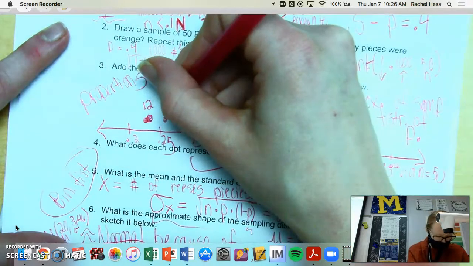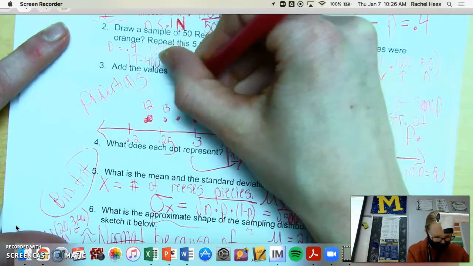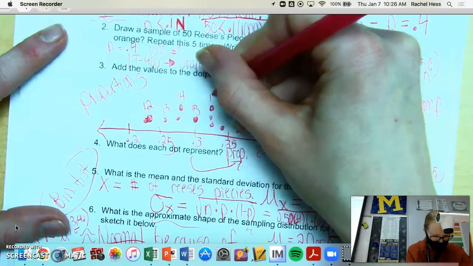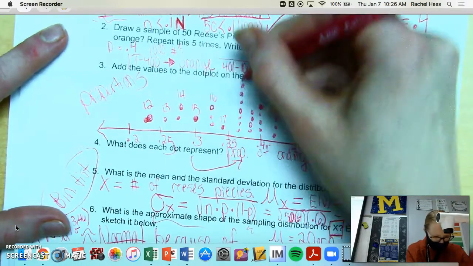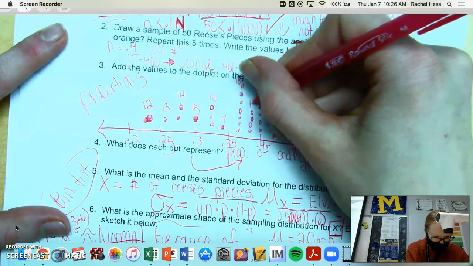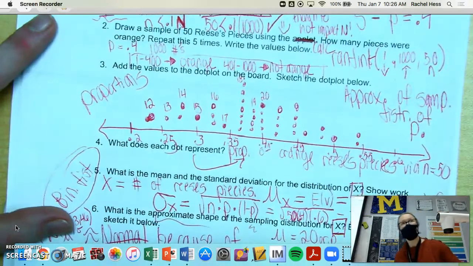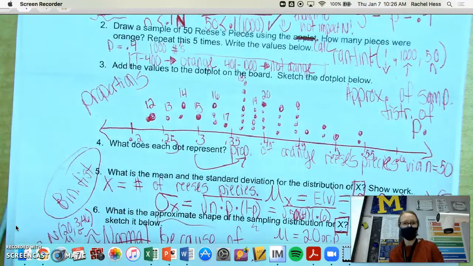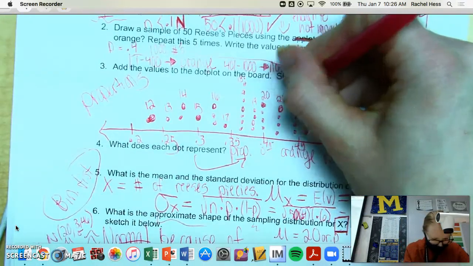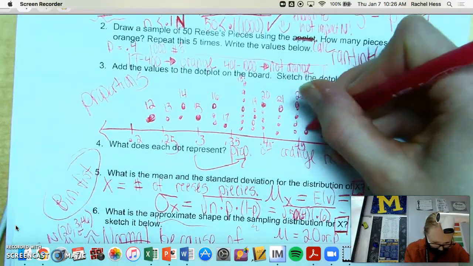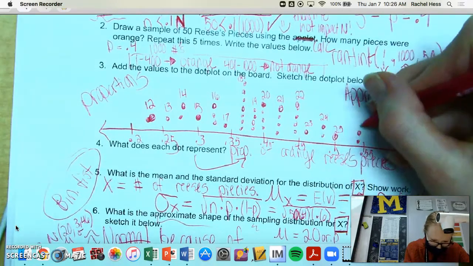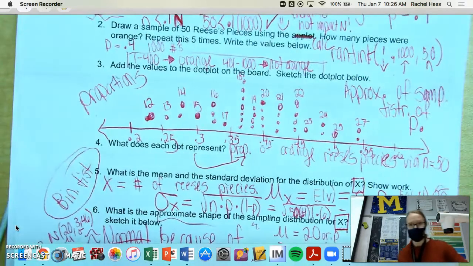This one would be 13, 14. This one would be 15, 16, 17, 18, 19, 20, right? Do you see how we're just doing a transformation? We're not really changing anything except we're changing these proportions back to the x values, right? Looks like we had 22s, 23, 24, 25, no 26s, and 2 27s.